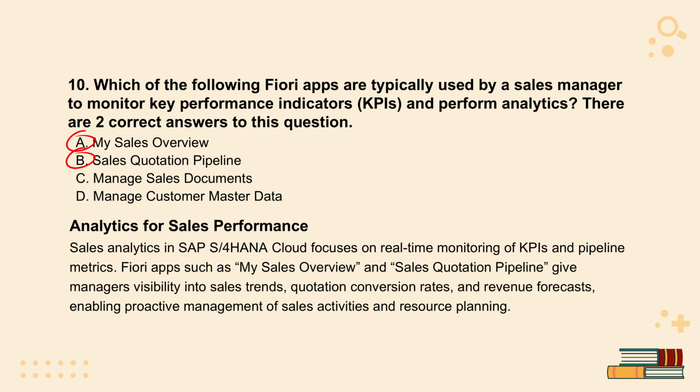It gives insight into future potential revenue. So one looks at what happened and what's happening. The other looks more at what might happen. That's a good way to summarize it. Both are analytical, but with slightly different time horizons and focus. My Sales Overview for current KPIs, Sales Quotation Pipeline for future potential based on open deals.